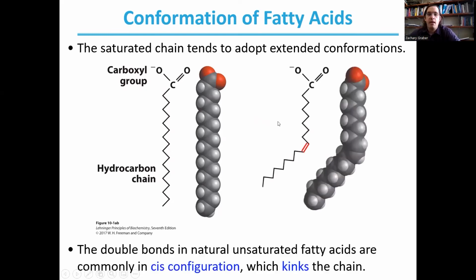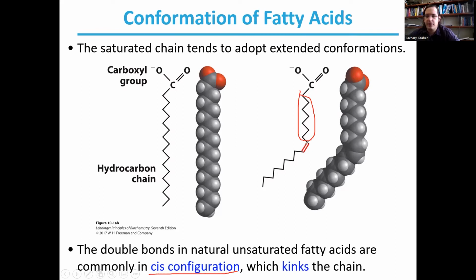Our unsaturated fatty acids can't form this same sort of extended conformation, right? So we can form one straight chain here, but then we get to our double bond, which is in a cis configuration, right?